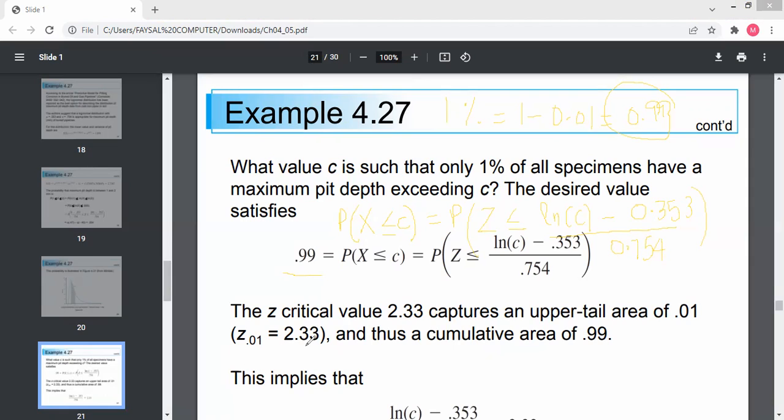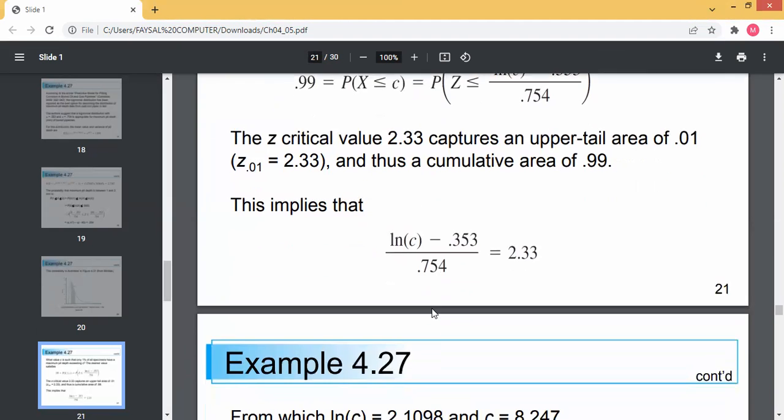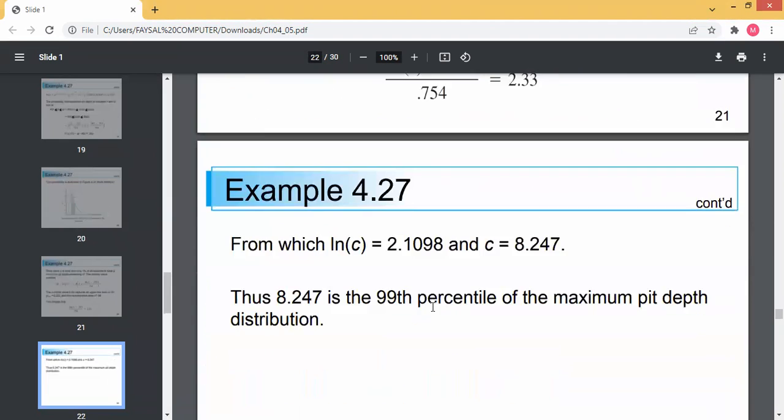Okay, so this Z critical value, 2.33, captures an upper tail area of 0.01. So it will be written as (log C minus 0.353) divided by 0.754, and this value equals 2.33.